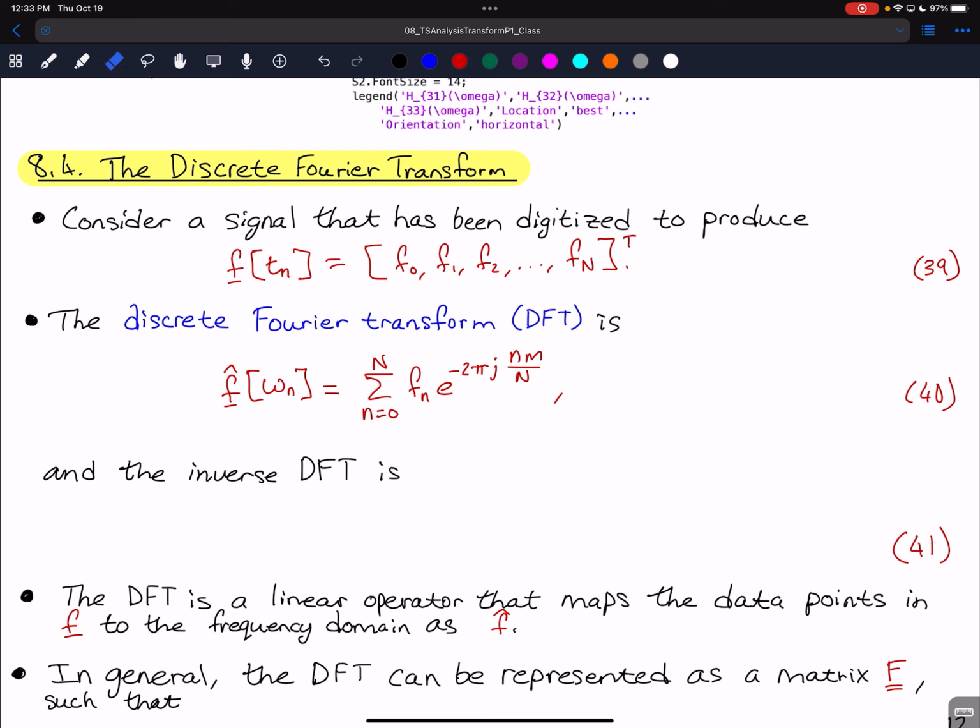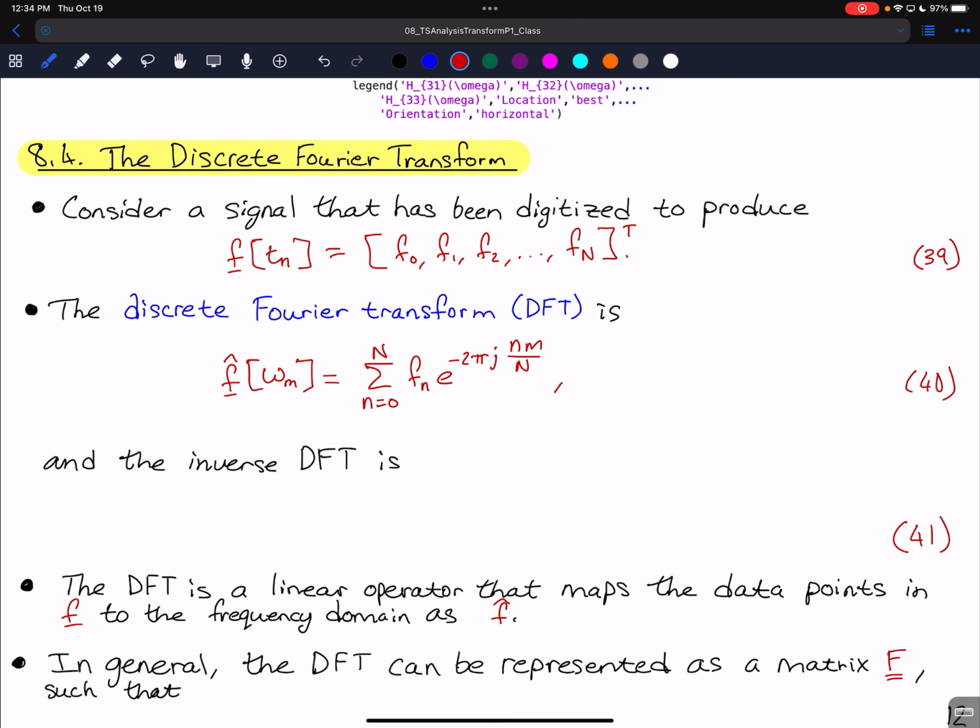And actually this should have been omega m, not omega n. So when we do the discrete Fourier transform, we are switching from one index to another index.